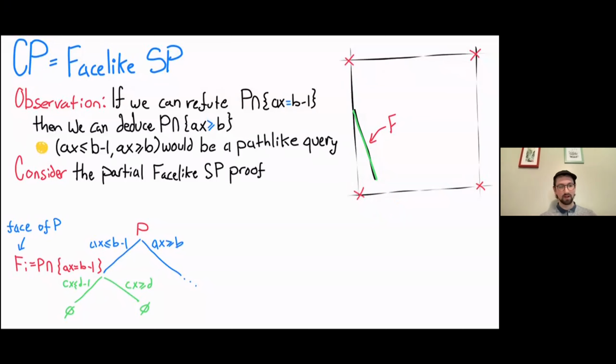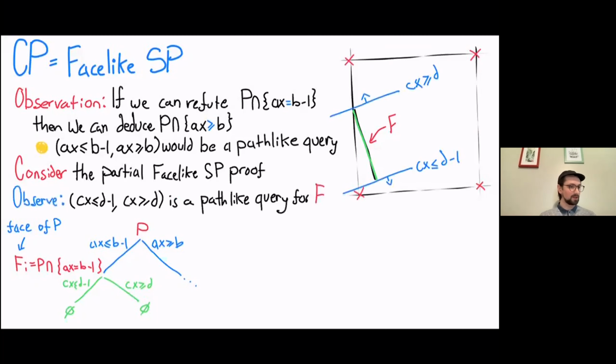I've just drawn a face-like stabbing planes proof, some arbitrary one. We're looking at this face here, and at this face, the face-like stabbing planes proof has two children, both of them labeled with the empty polytope.